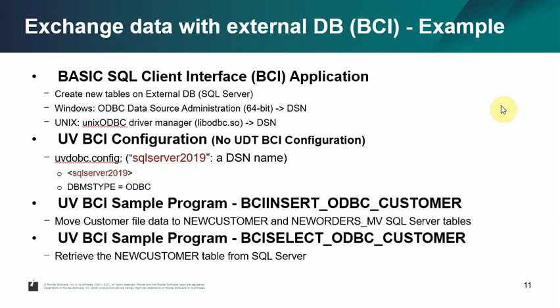After I create the new tables on the SQL Server, I can run BCI select underscore ODBC customer and retrieve the data back. When you're using BCI, the original customer file data is still there, no change. So if you make any change on the SQL Server side, it won't affect the UniVerse customer file. But for EDA, it's different. When you change anything on the SQL Server, it immediately affects the U2 file.